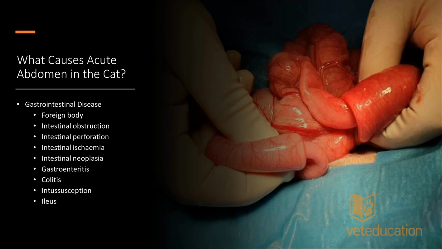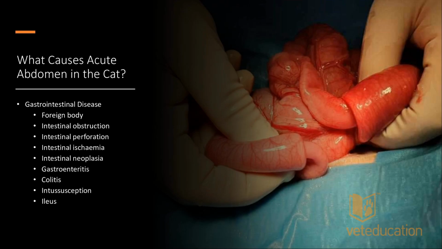So if a cat suffers a dog attack, a crushing sort of injury from dog jaws being wrapped around the abdomen, or perhaps a cat gets hit by a car, for example, and they suffer some impact from that initial trauma or impact when they land on the ground afterwards, that bruising to abdominal organs can result in intestinal ischemia and potentially not only just damage the blood vessels, but eventually perforation as well.